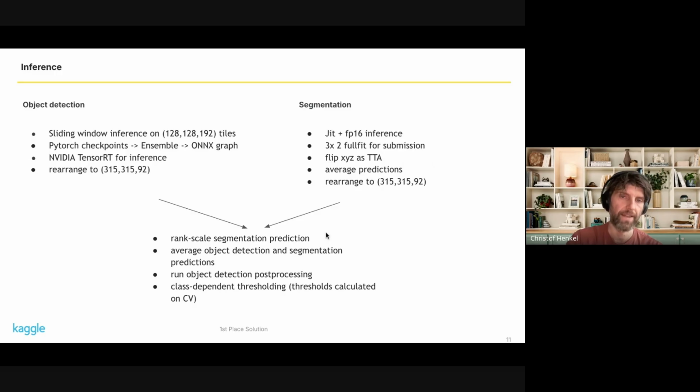We did a rank scale of my predictions to align with Eugene's predictions. Then we simply averaged both and ran the object detection post-processing on this before applying class-dependent thresholds, where the thresholds were calculated on CV.